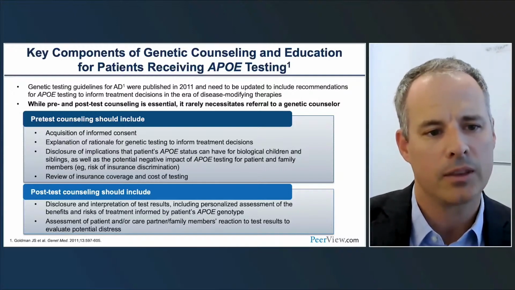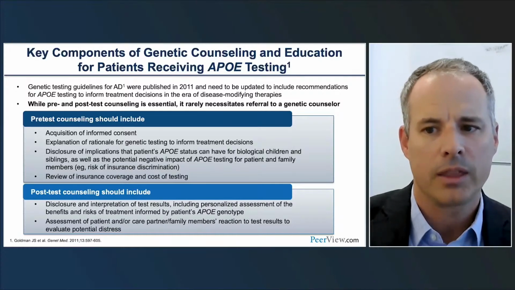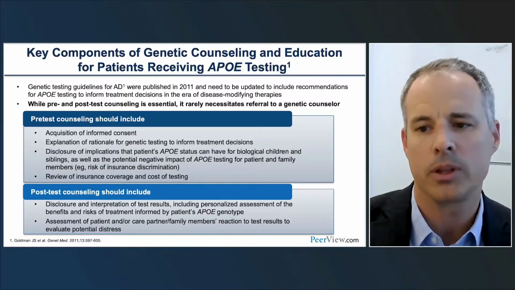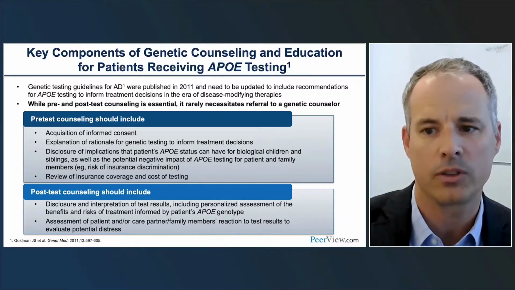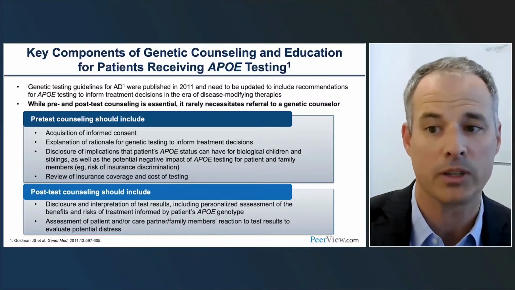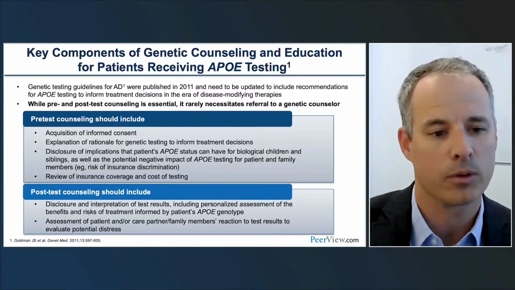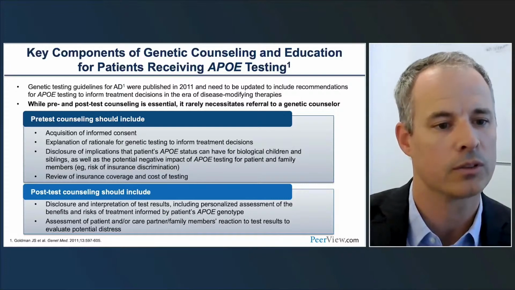And because of that, these guidelines that were published in 2011 have really, I think, limited value now when we're using ApoE testing for a completely different use, which is essentially understanding risk of ARIA in patients who we have already diagnosed with Alzheimer's disease and that we are going, therefore, to potentially treat with these drugs.